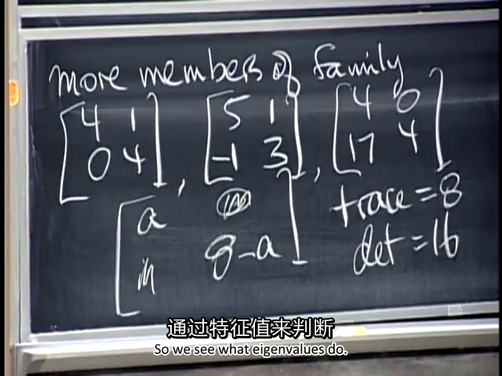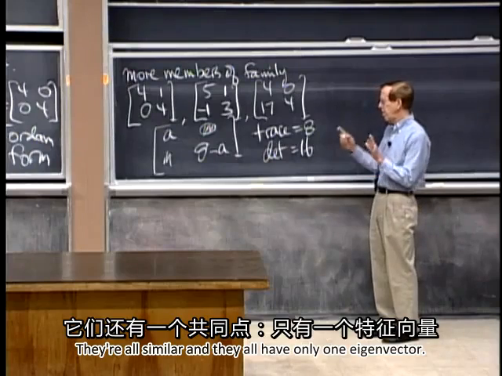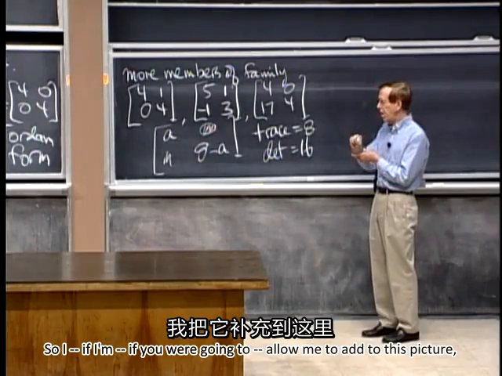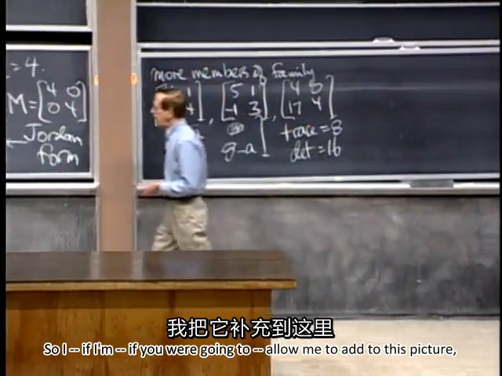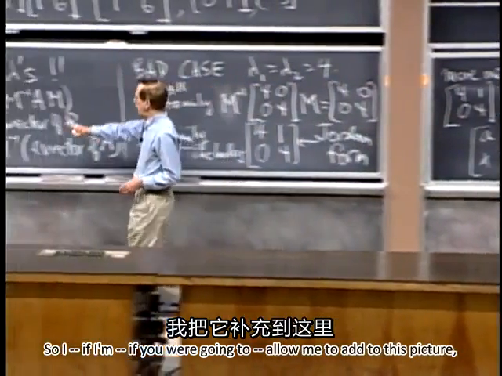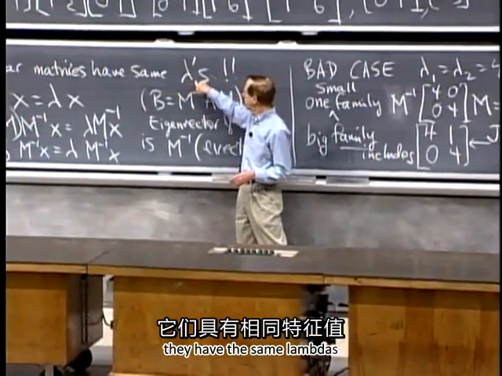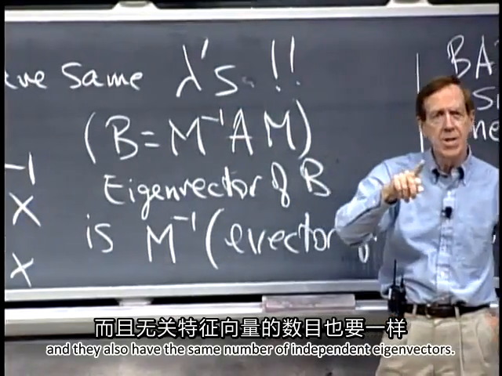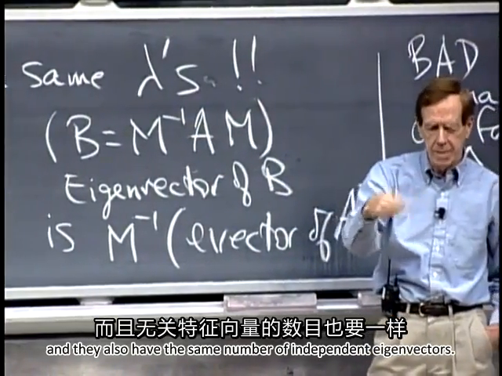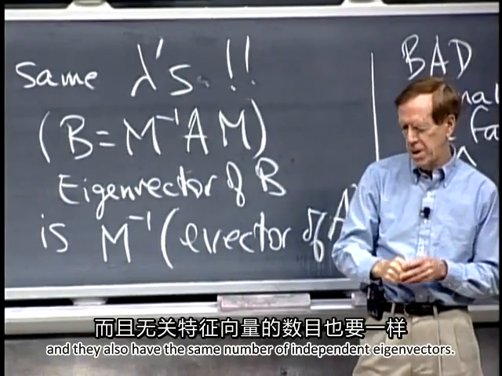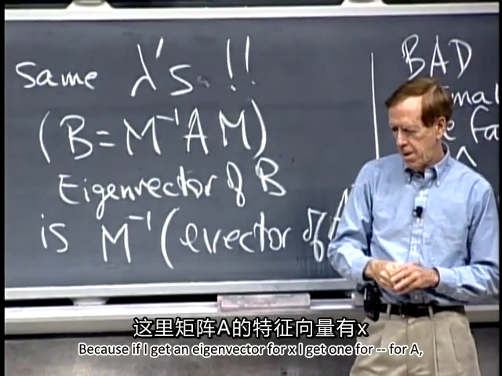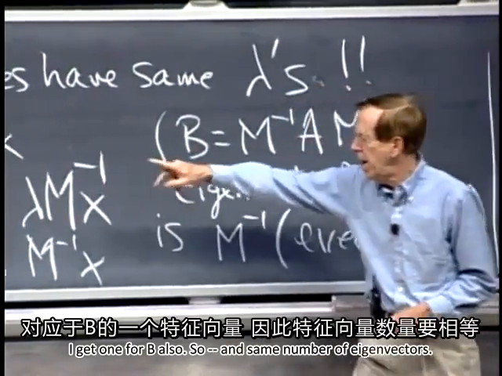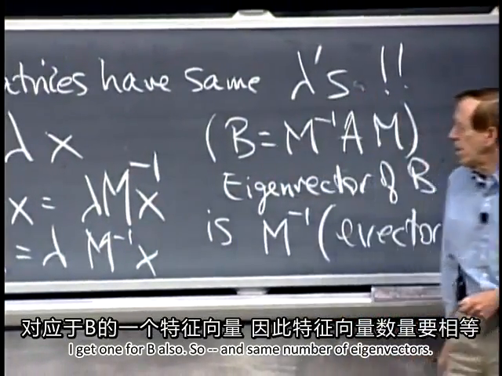So we're seeing what eigenvalues do. They're all similar, and they all have only one eigenvector. So if you allow me to add to this picture, they have the same lambdas, and they also have the same number of independent eigenvectors. Because if I get an eigenvector for x, I get one for a, I get one for b also.